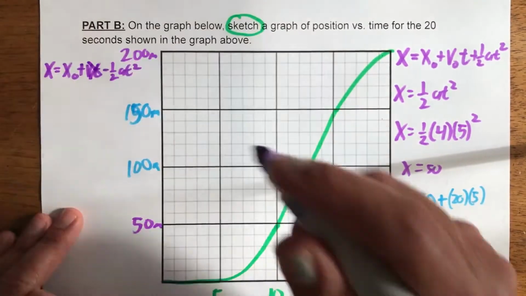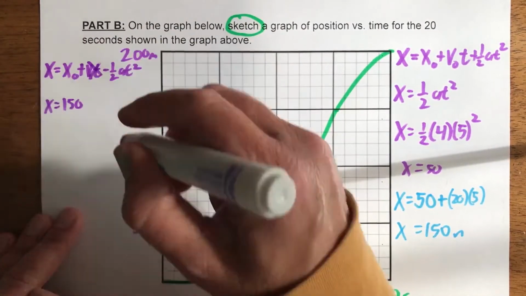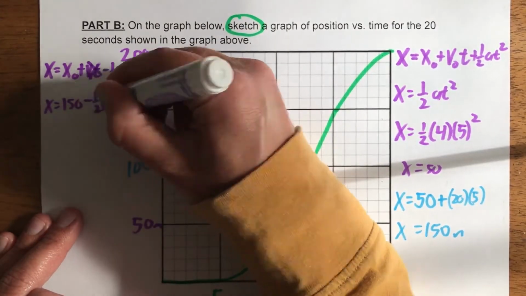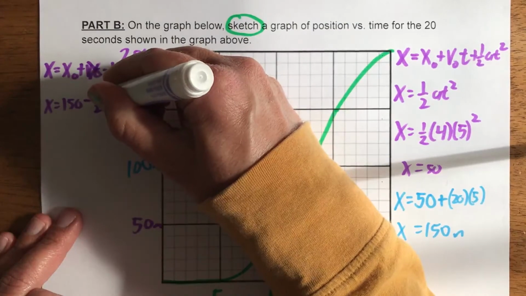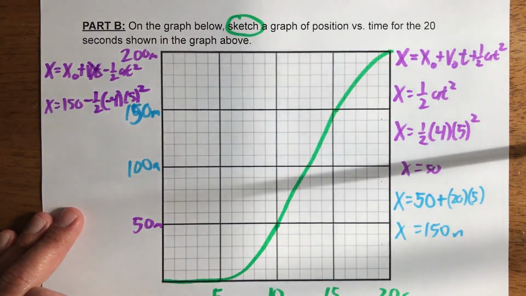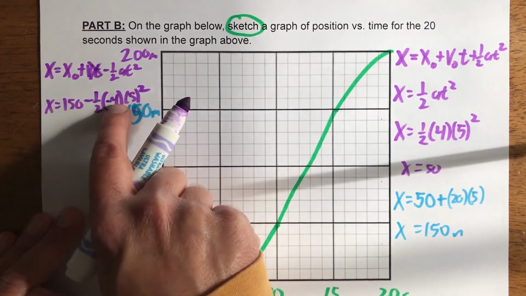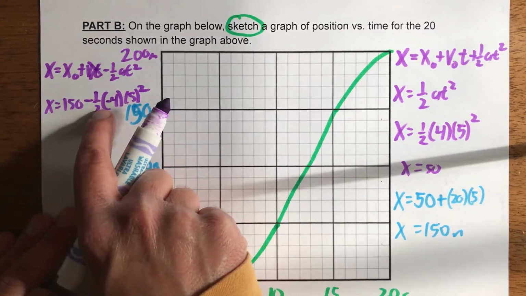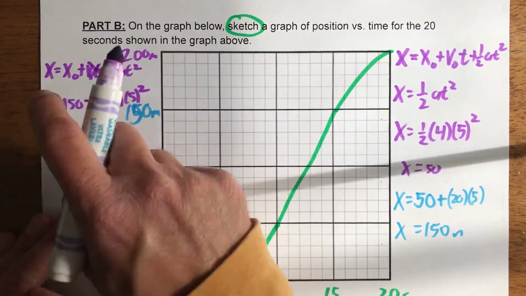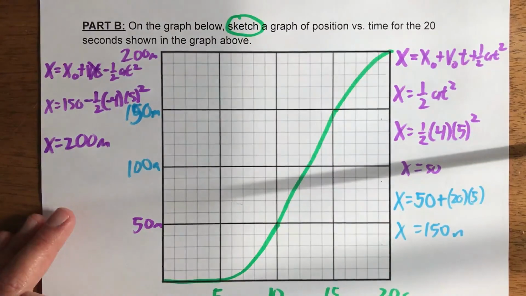The final velocity is 0, so that drops out. So when we go to plug this in, we have our initial 150 meters that we began the problem at minus 1/2 times our acceleration of -4. And then our time is 5 squared. Sorry, that's getting all messy in there. So 5 squared again is 25 times -4 is -100 times 1/2 is -50, but there's another negative there. So the 50 winds up adding to the original 150 and you get 200 meters like we just said there.